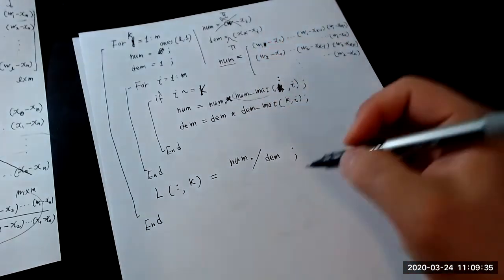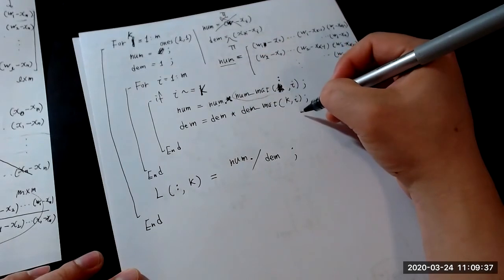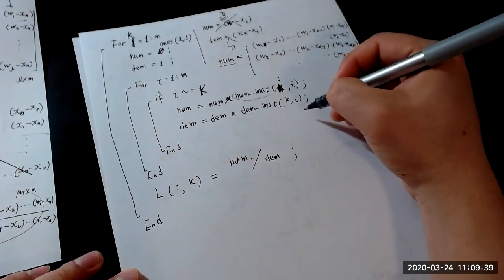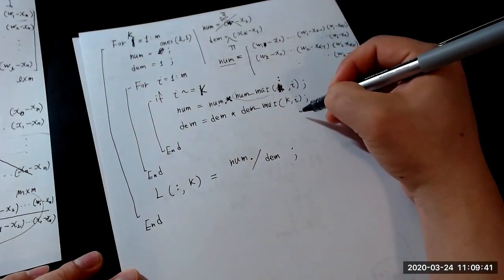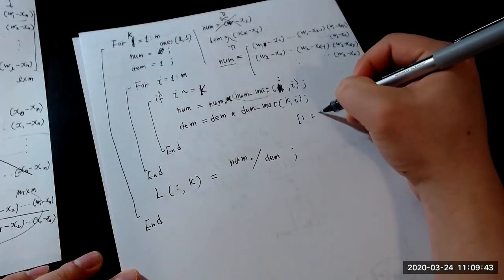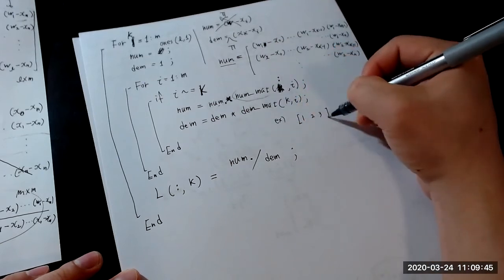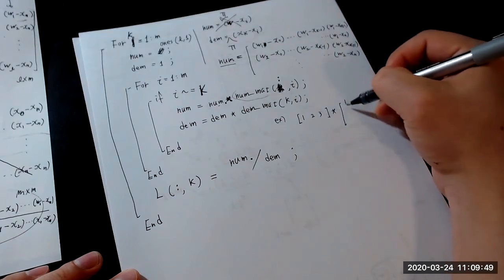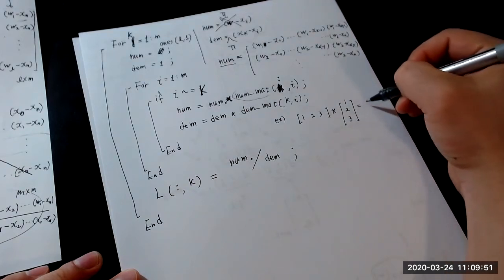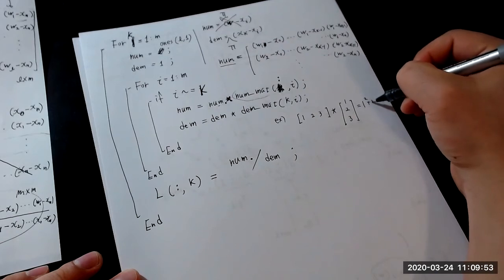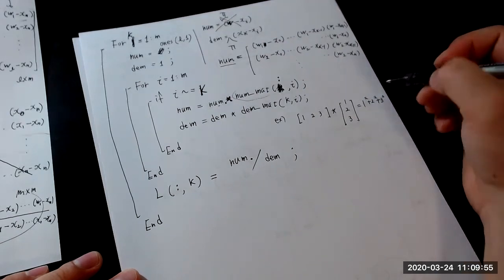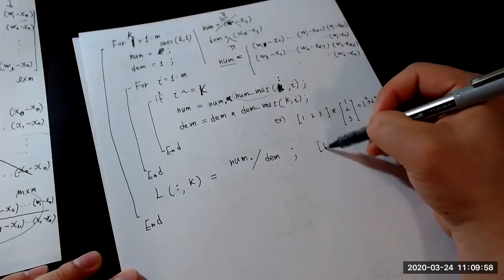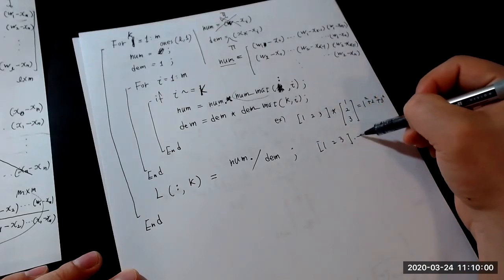So what does that mean? For example, 1, 2, 3 multiplied by 1, 2, 3. This is just 1 squared plus 2 squared plus 3 squared, right? It's kind of an inner product.